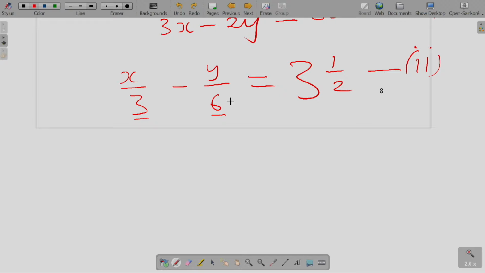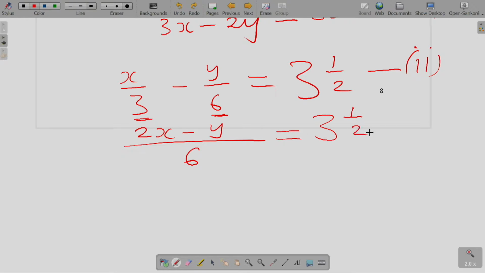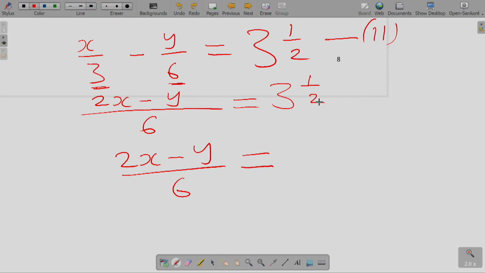Let's simplify this equation number 2. The first step is to find the LCM between 3 and 6, which is 6. So 6 divided by 3 equal to 2, 2 times x equal to 2x, minus 6 divided by 6 equal to 1, 1 times y equal to y, which is equal to 3 out of 1 over 2. So 3 times 2 equal to 6, plus 1 equal to 7 over 2.